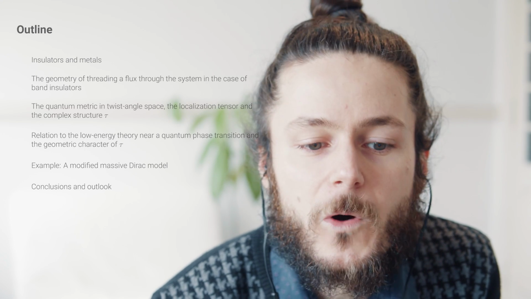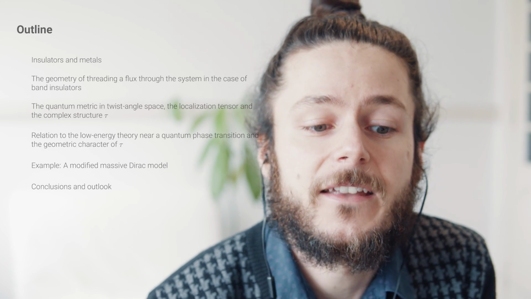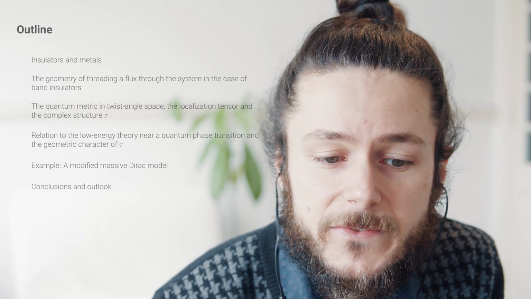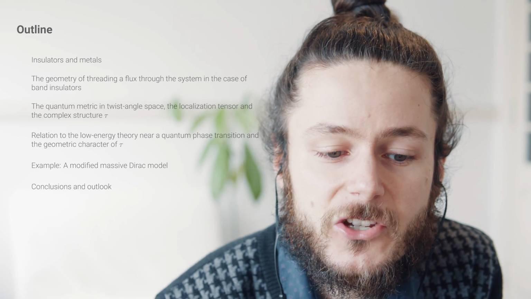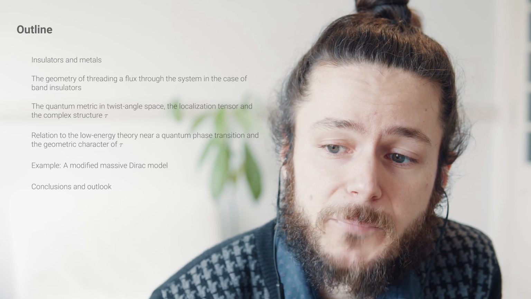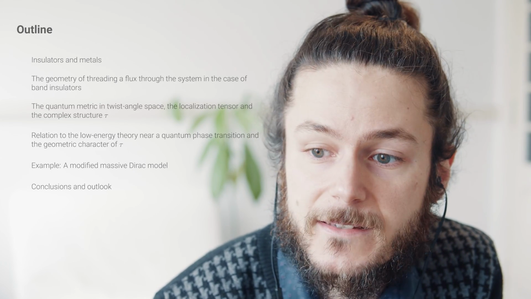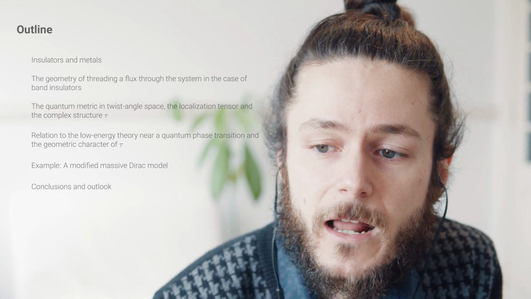I will talk about the quantum metric in twist angle space, the localization tensor and the complex structure tau. And then I will make contact to the low energy theory near a quantum phase transition and the geometric character of tau. I will proceed by giving an example, that of a modified massive Dirac model, and then I will provide some conclusions and an outlook.